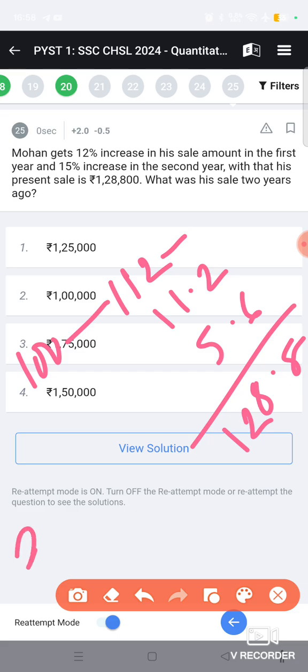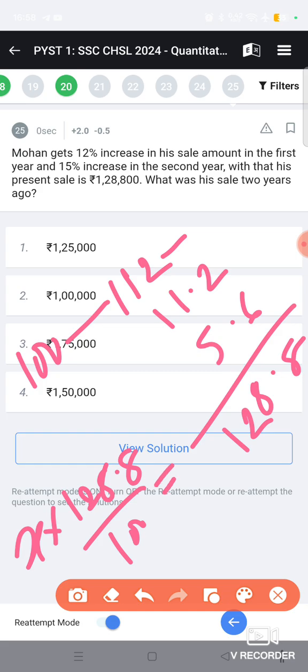Okay, so x into 128.8% is equal to what?